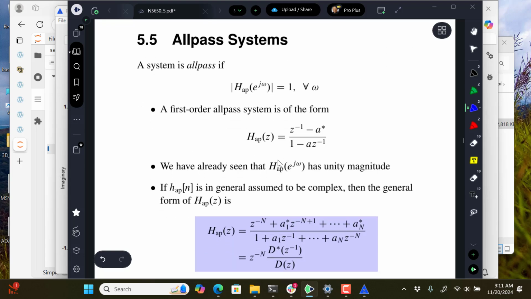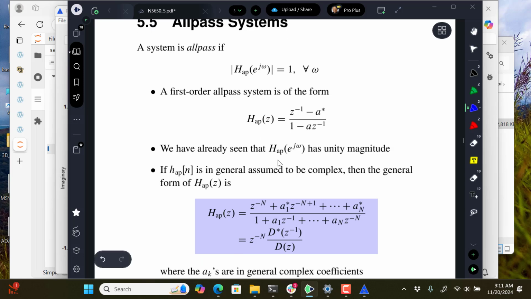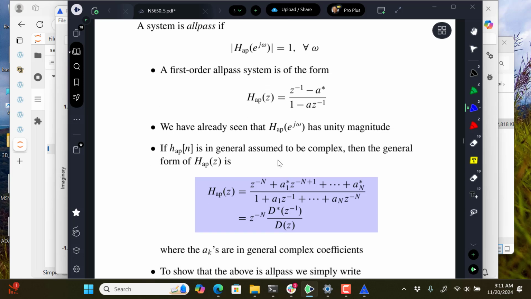So taking the all-pass idea up to a higher order, an arbitrary order, this would be an Nth order all-pass. This, in the blue box, is what it comes down to.